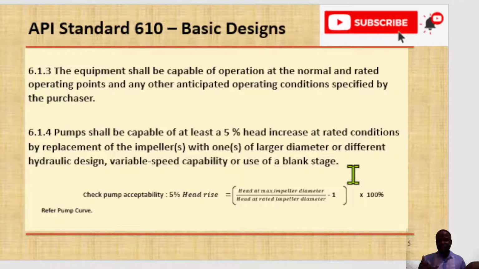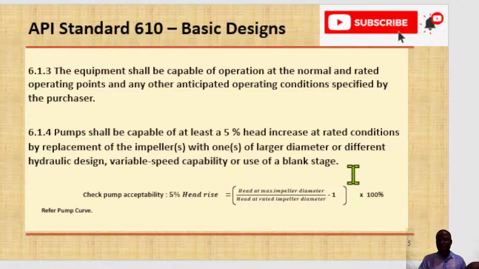You are going to state your rated capacity, you are going to state your normal capacity. So it is expected, as per API 610, that the equipment the vendor is going to supply to you shall be capable of operating at that normal and rated operating points that has been specified by you as a purchaser on the process data sheet, and any other anticipated operating conditions that you must have specified as a purchaser.